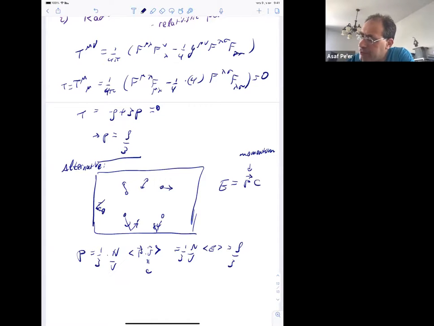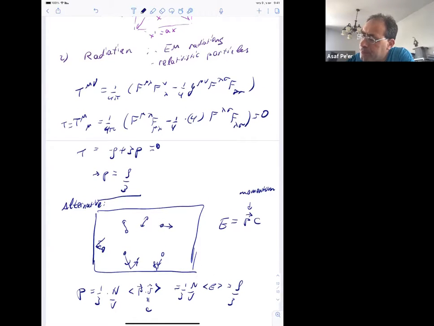So a universe in which the energy density inside radiation dominates is called a what? Very difficult term. It's actually not very difficult.